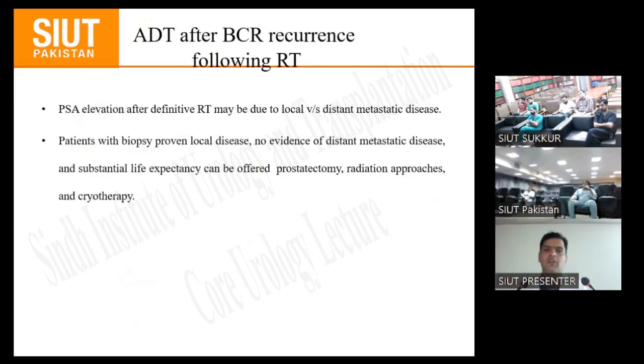Androgen deprivation therapy after biochemical recurrence following radiation therapy. PSA elevation after definitive radiation therapy may be due to local or distant metastatic disease. Patients with biopsy-proven local disease, no evidence of distant metastatic disease, and some life expectancy can be offered prostatectomy, radiation approaches, and cryotherapy.